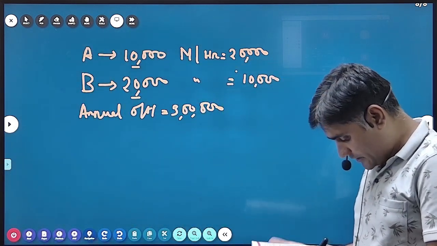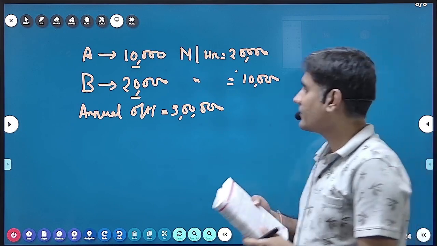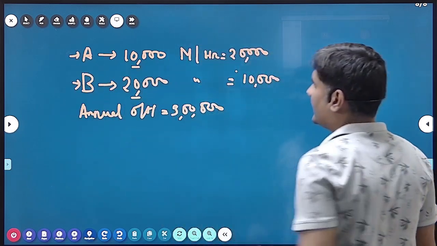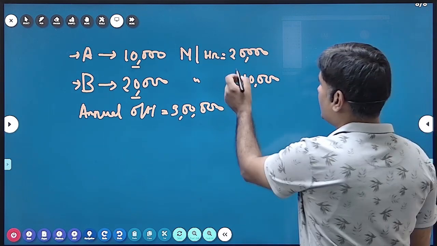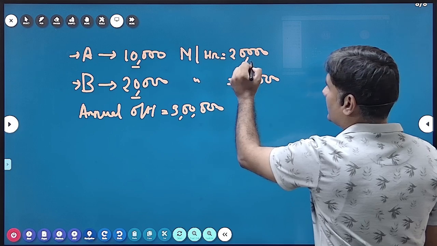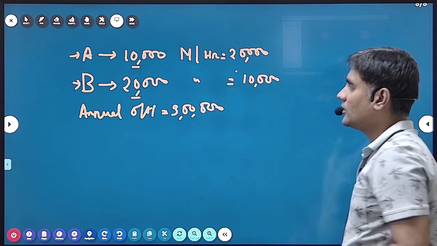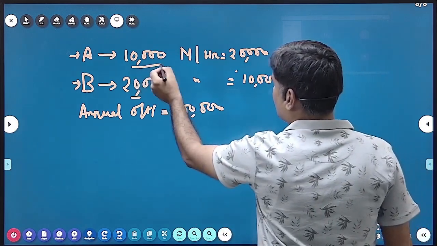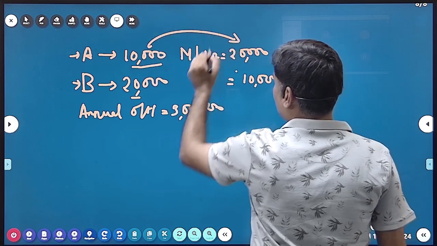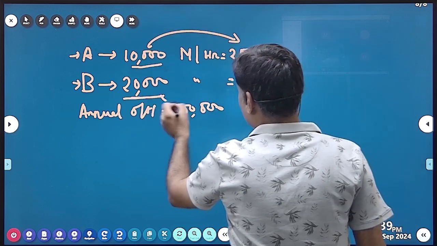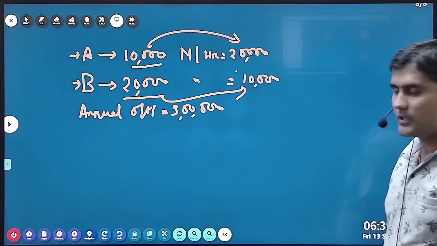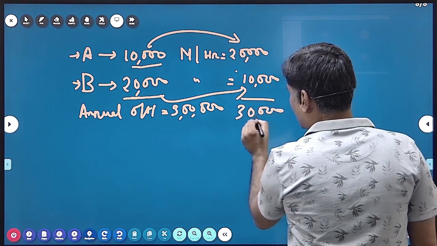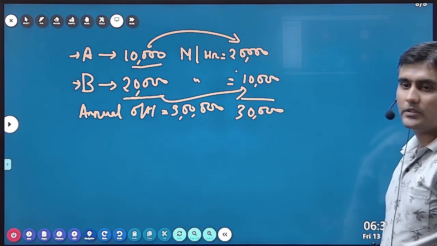A company is manufacturing two products, A and B. They are manufacturing A 10,000 units, B 20,000 units. Machine hours is 20,000 hours and 10,000 hours. For producing 10,000 units of A, 20,000 hours are required. For producing 20,000 units of B, 10,000 hours are required. So total hours is 30,000. Total overhead is 3 lakh.